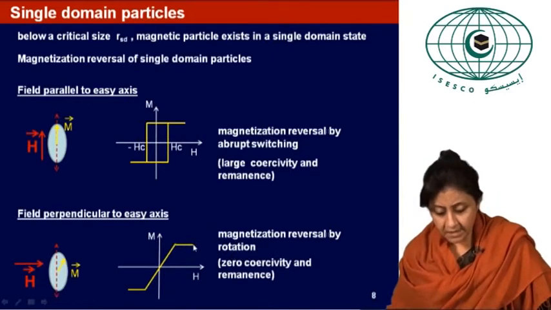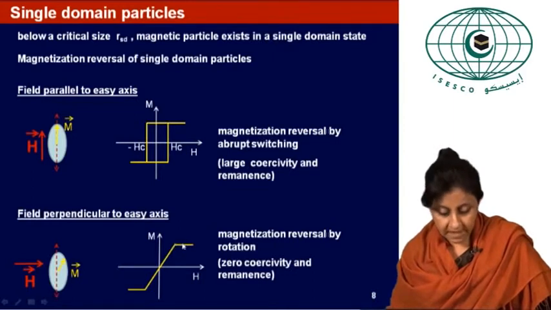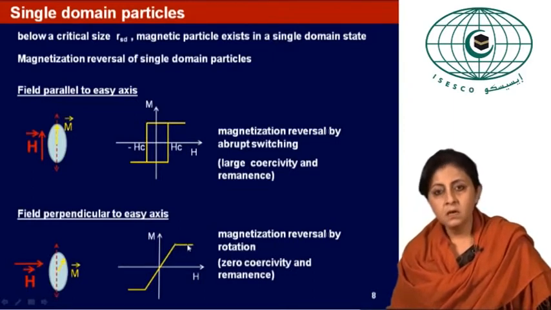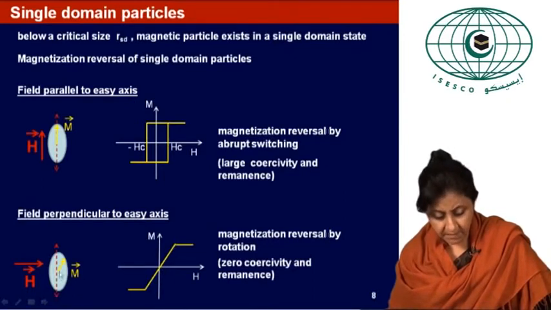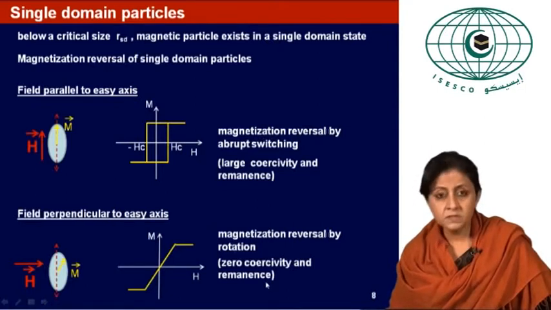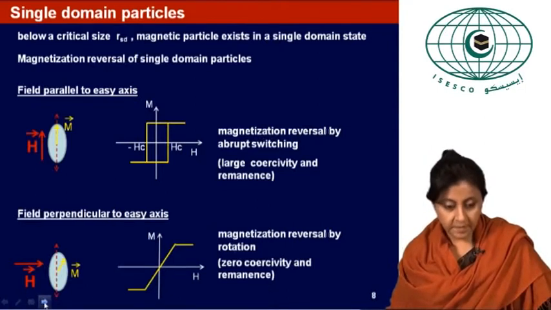So here you have the field saturated along the easy axis, and as you start increasing the magnetic field, the magnetization starts turning away from the easy axis and becomes perpendicular to the easy axis, and so in this case you have zero coercivity and remanence.